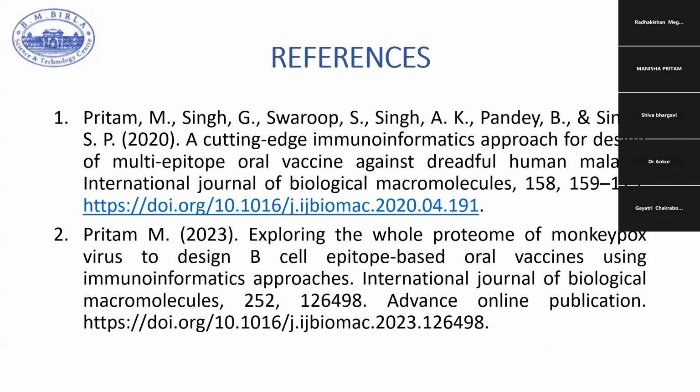Ma'am, what kind of mammalian cells can be used? So you can use HEK, like I used HEK 293 for my protein expression. It's a kidney cell, or you can use any other cell. There are lots of commercial cells also available. So whatever is available in your lab, you can use.